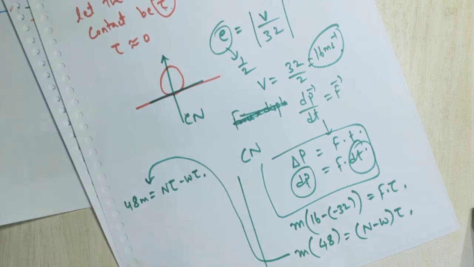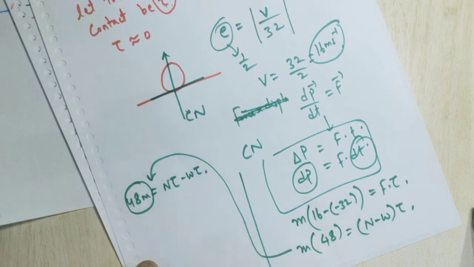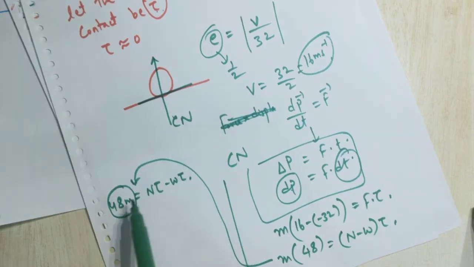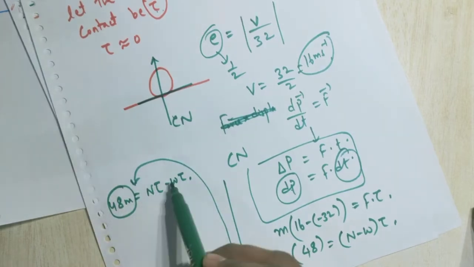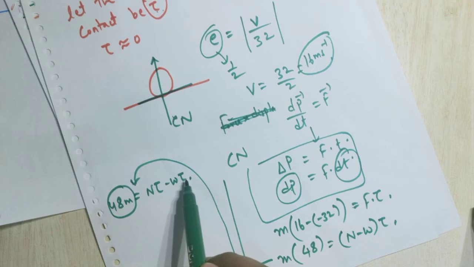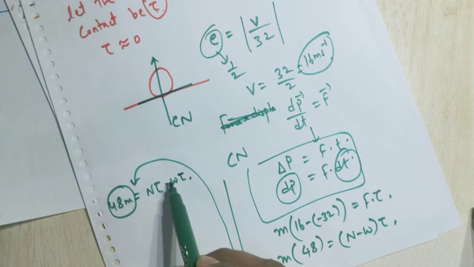Here you need to observe one thing. 48m is a finite quantity. On the left hand side you have a finite quantity, on the right hand side you have N into tau minus W into tau. Now W is nothing but the weight of the body. Weight of the body into time is almost negligible, because tau is extremely small and the weight is a finite quantity.